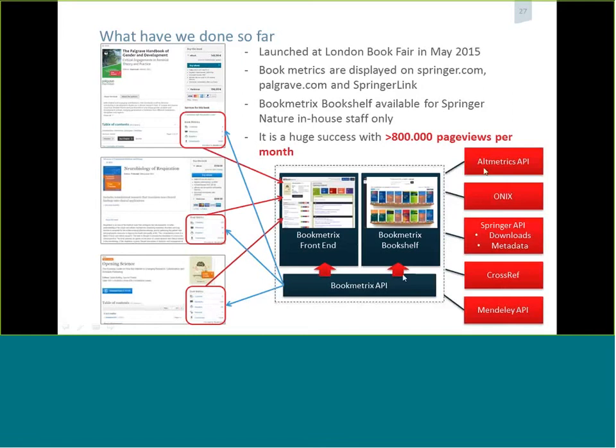And that gets data in from the Altmetric API, from the ONIX feed from Springer Nature, the Springer API downloads, and the metadata to get data from Crossref and Mendeley. And the API powers the individual metrics on the platform pages, but it also powers the front end, and that I'll show you in a minute.